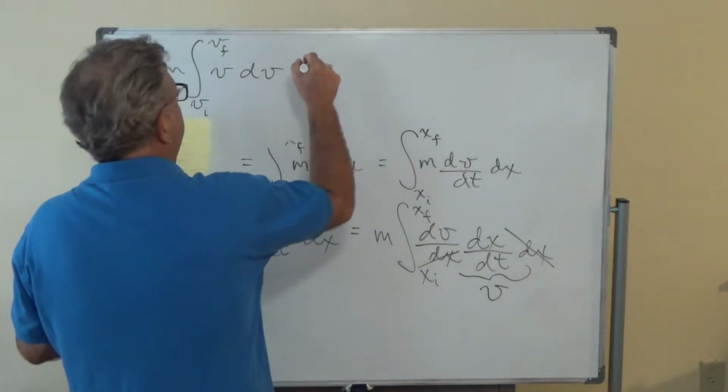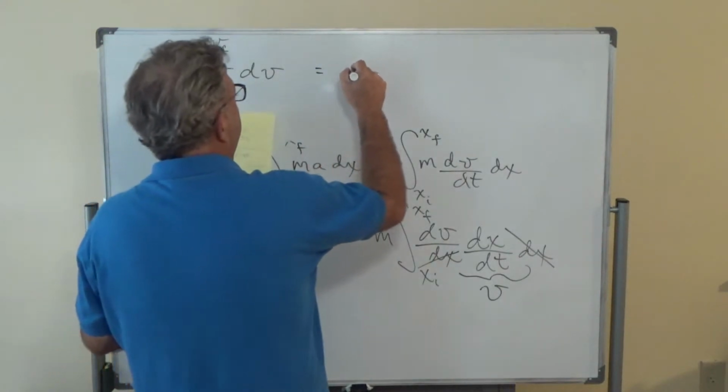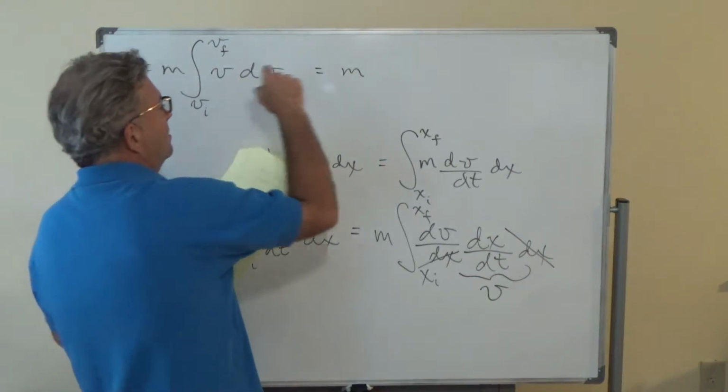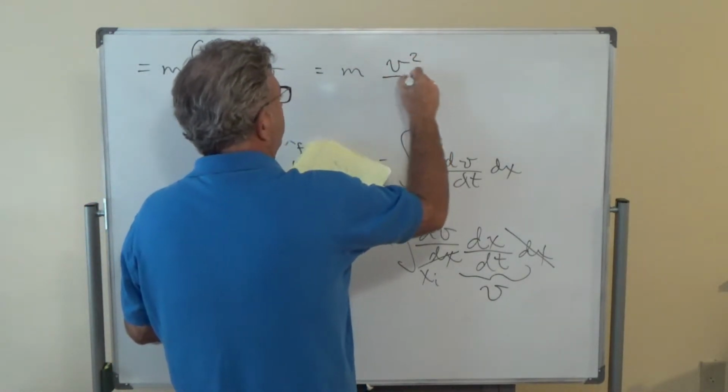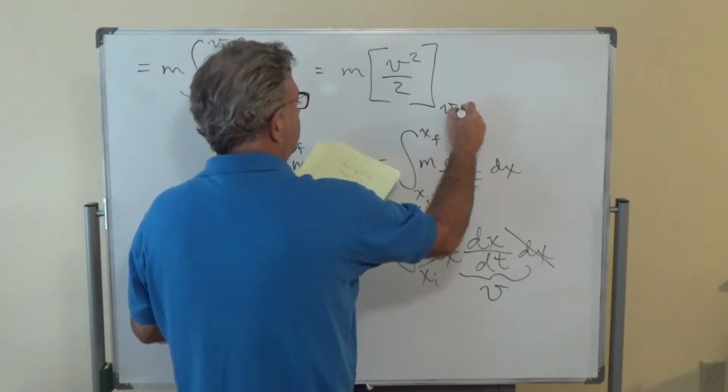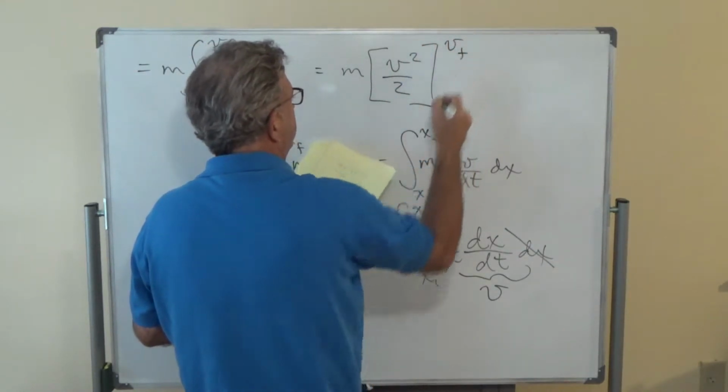So this is equal to the mass. We'll integrate this. This is v squared over 2 from v initial to v final.